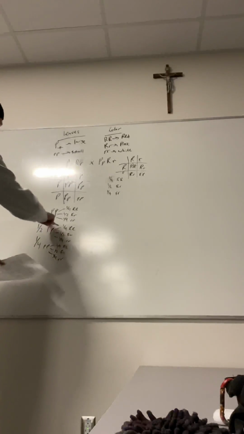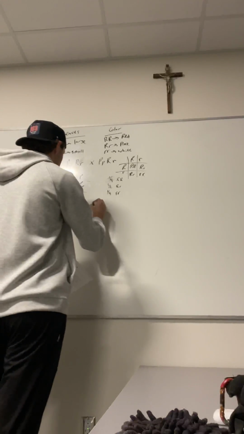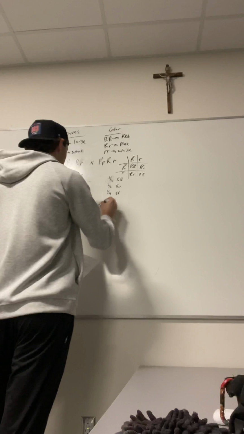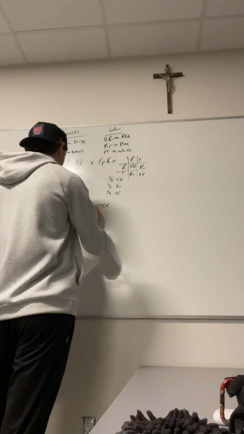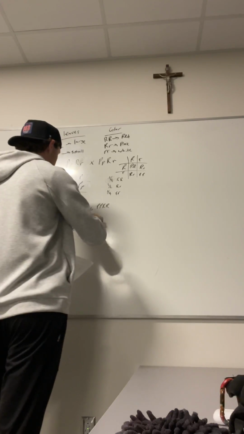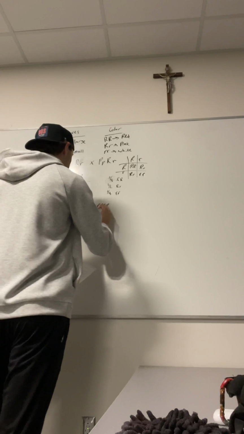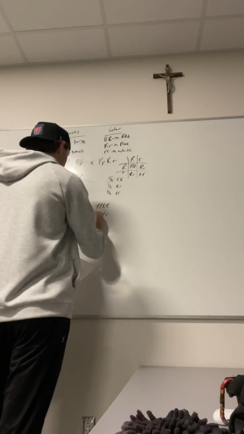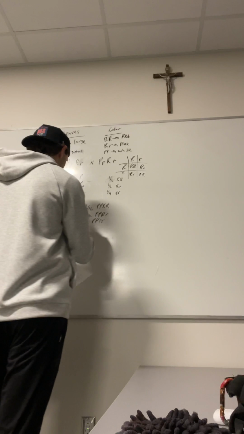Then what you do is you multiply across here, so that would be 1/16 capital P, capital R, 1/8, or I guess 2/16, capital P, capital R, lowercase r, and then 1/16 capital P, lowercase r.